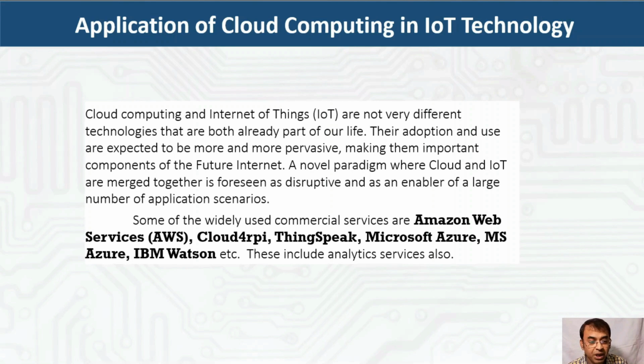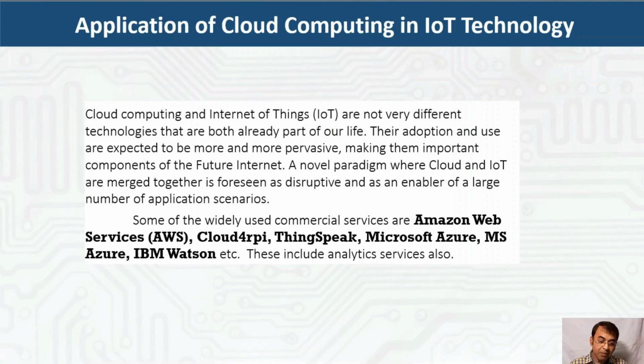Application of cloud computing in IoT technologies. Cloud computing and the Internet of Things are not very different technologies, and both are already part of our life. Their adoption and use are expected to become more and more pervasive, making them important components of the future internet.